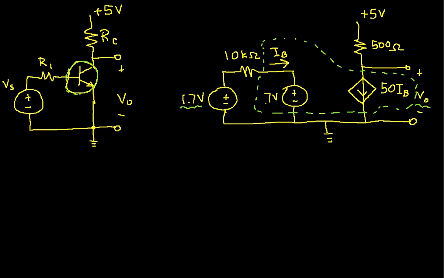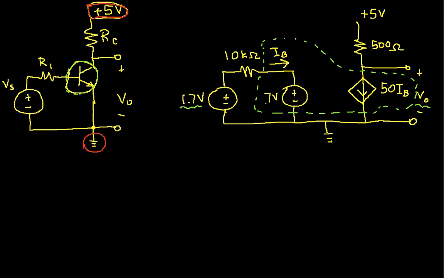Now, one thing that I need to explain before we actually start working the circuit, you may or may not have seen this before. This plus 5 volts up here at the top, in fact, let me do this in a color that represents power. This plus 5 volts at the top means that between the plus 5 volts and the ground, which is represented by this symbol, there is a 5 volt voltage source. We oftentimes don't actually show the 5 volt voltage source because it's cleaner not to.